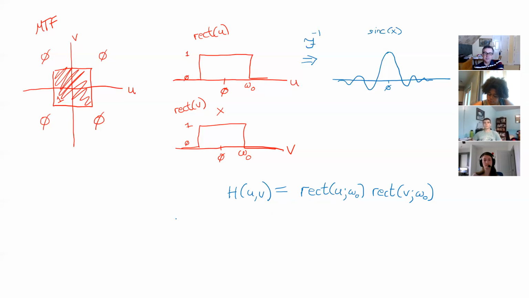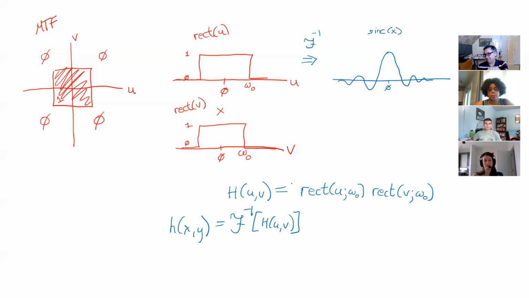And if I'm trying to find the point spread function, which is going to be the inverse Fourier transform of H, how can I use all those other facts to get there?